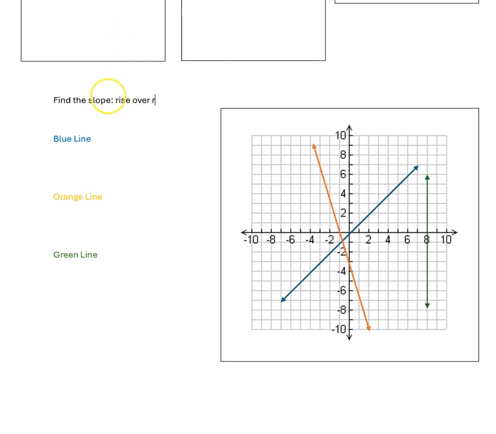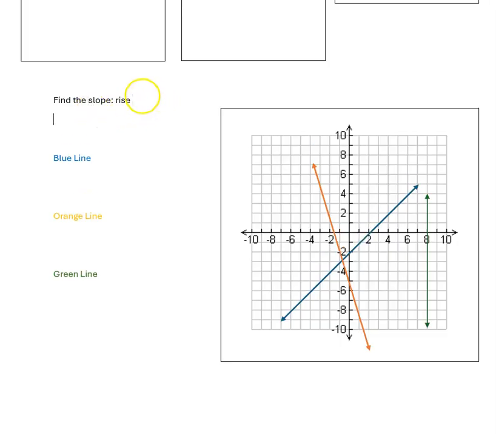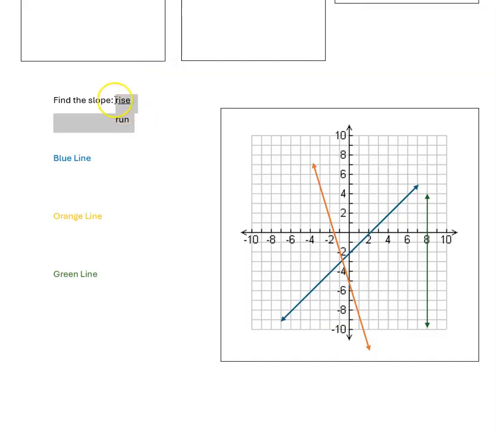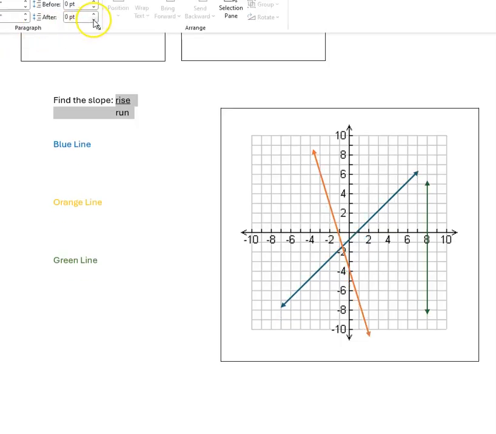So my little formula would be this: rise over run. And I'll show you what that actually means.